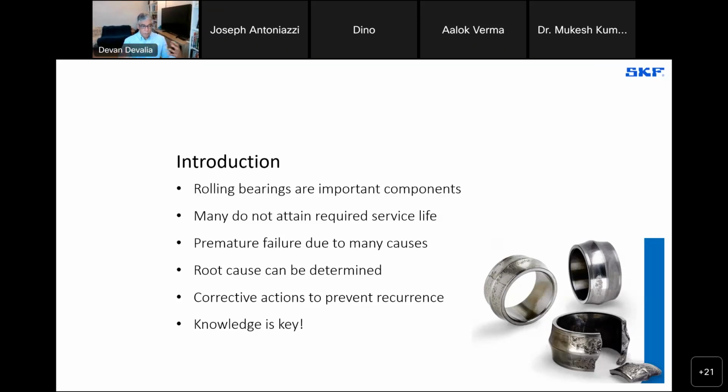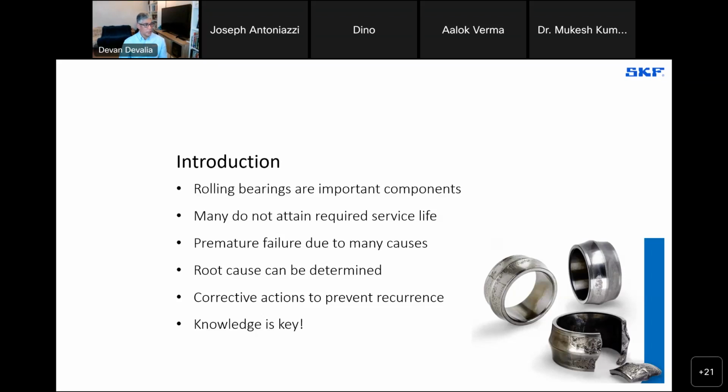But despite all the improvements and developments in design and manufacturing, we still find that bearings do not live out their expected service life. Premature bearing failure occurs for many reasons, but by examining the evidence that's left behind, we can often identify the cause, which will lead us to the appropriate corrective action.